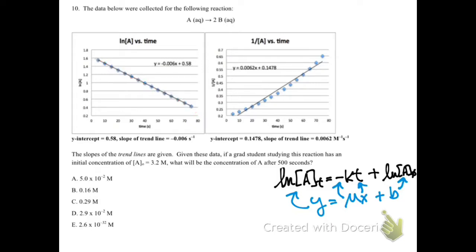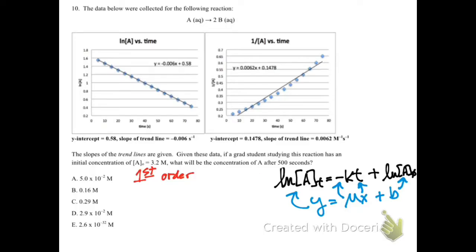That is not the case with the 1 divided by concentration versus time, where we have more of a curve. So we can say definitively, this must be first order, because these data adhere to a linear trend that follows this equation right here, the first order integrated rate law.